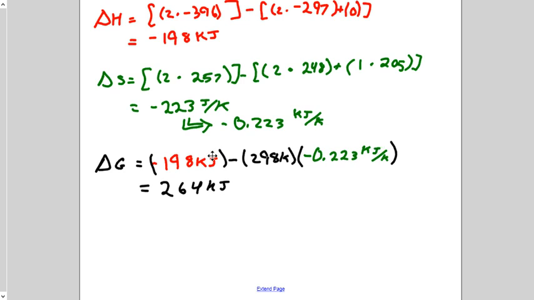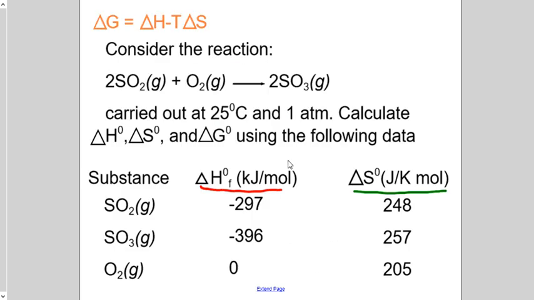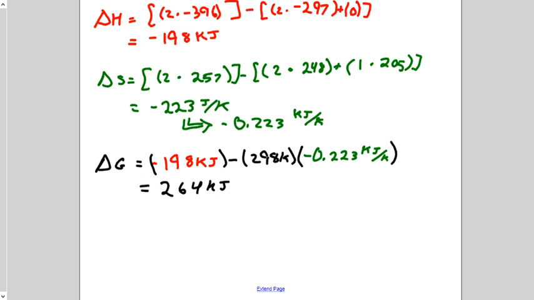And if this is in kilojoules, guess what? This has to be in kilojoules too. Delta S is very commonly in joules per degree Kelvin. If we look back here, the values it gave us were kilojoules per mole and joules per K per mole. So this is very common, so make sure you keep an eye on this, because delta S is commonly in joules, whereas delta H is kilojoules.